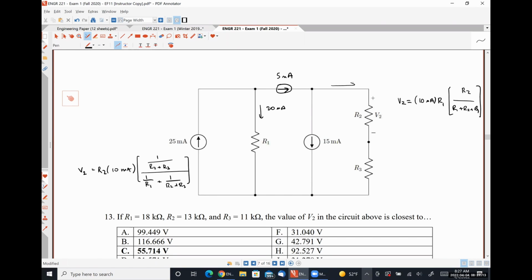This current flowing to the right would be 5 minus 15, which is negative 10 milliamps. And then we would know the current flowing through resistor R2, and thus the voltage drop. So that would change it from a current division problem to a KCL problem. Or you could, in my opinion, vastly complicate the problem and use mesh.